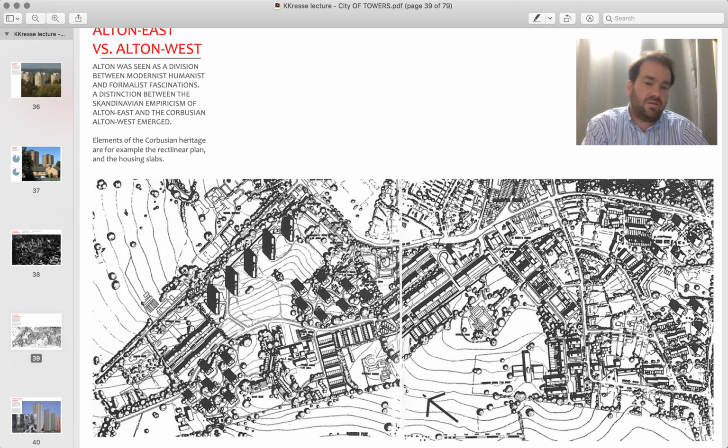Again, based on the idea of the tabula rasa and ignoring the topographical features of the site. Then if you look at the east side of Alton, you see a slightly more organic or playful arrangement of the towers that is reacting more to the existing landscape.